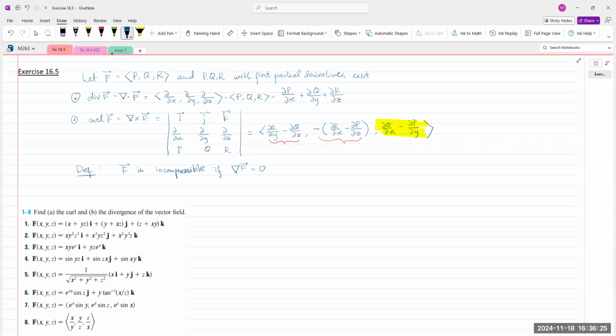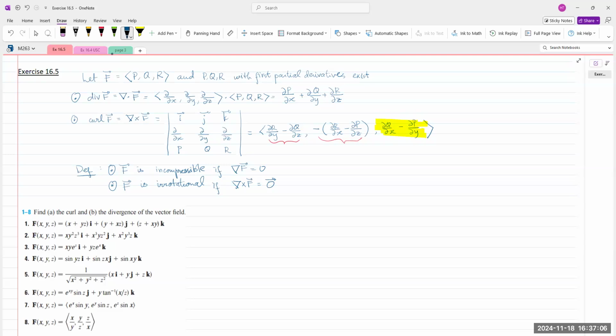The fluid is not expandable and not compressible. Another one is the vector field F is irrotational if the curl of F is vector 0. And the vector field is also said to be conservative.